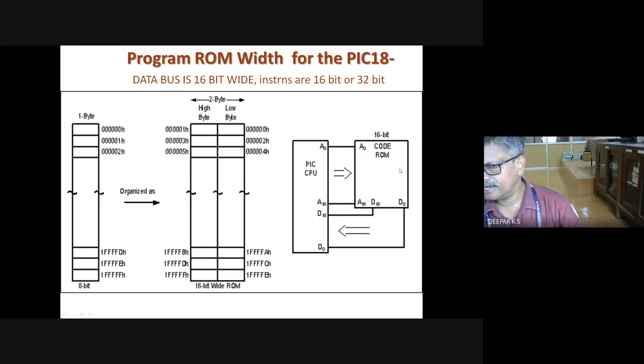So here is the ROM where you write the code, and it is shown 16 bit. How it becomes 16 bit is, you are putting it side by side, 16 bit, 16 bit, like that. Why you are making it 16 bit? Because you are able to bring in 16 bits at a time.